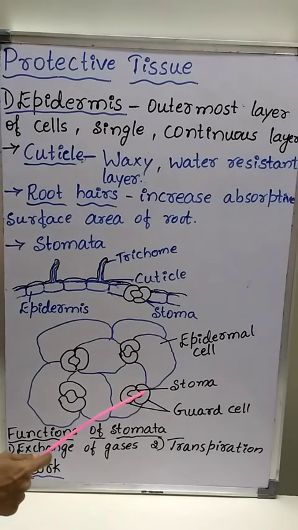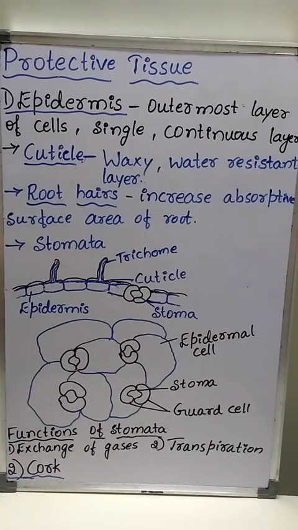See, this is the stomata, and here the stomatal pore is present. This is the stomatal pore. The stomatal pore is enclosed or covered by a pair of kidney-shaped guard cells.